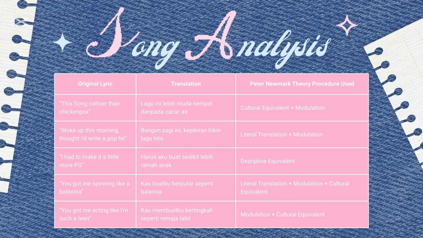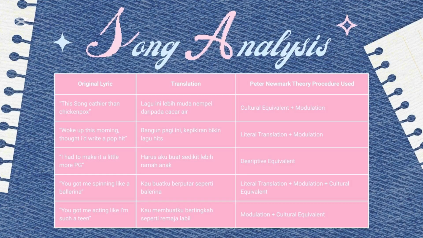The fifth lyric on Nonsense by Sabrina Carpenter is "you got me acting like I'm such a teen." And the translation in Indonesian is "kau membuatku bertingkah seperti remaja labil." The analysis uses Peter Newmark's procedure of modulation and cultural equivalent. And why do they use modulation and cultural equivalent?